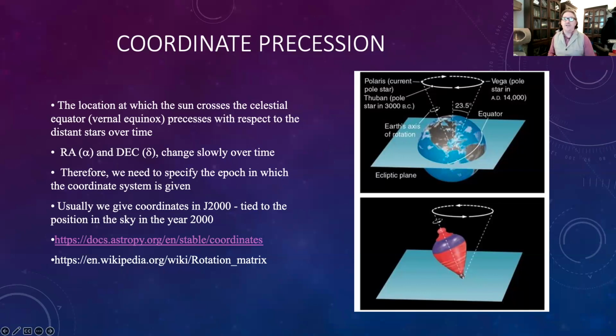Again, before computers, we know what the rate of precession is. You would then have to correct from either 1950 or 2000, depending on how close you were to either of them. Rather, after 2000, you would correct to 2000. Prior to 2000, you would correct from 1950. Now, computers can do that for us. So what we have now termed is the current epoch.